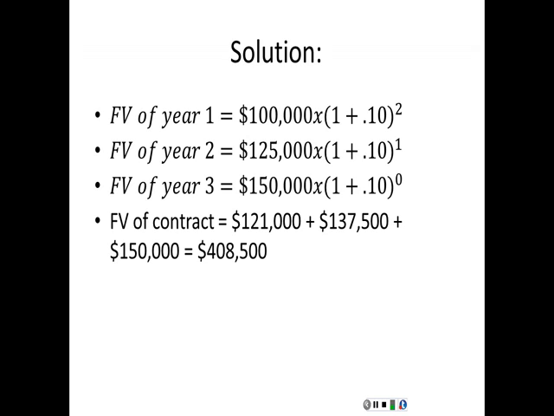And then finally, out at year 3, we've already received $150,000, so there's no interest for it to earn. It's at the end of the contract. Now here I have it, times 1 plus 0.1 to the 0, just to show you there's 0 time elapsed. So to find the future value, we take each of our results and add them together, and we get 408,500.